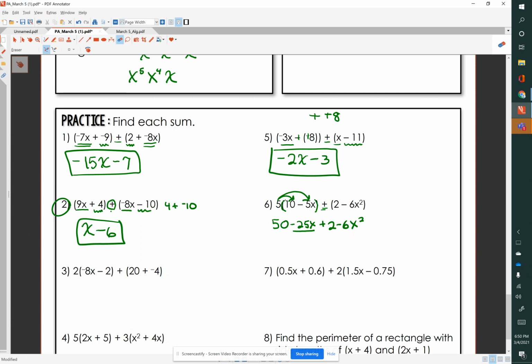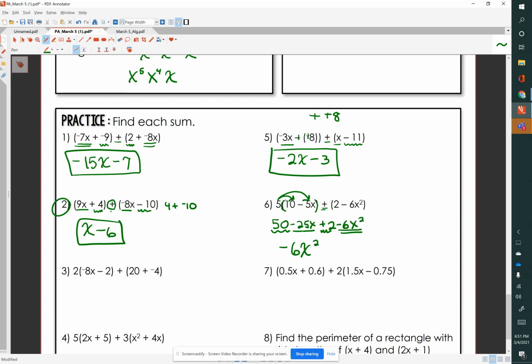So negative 25x appears to be the only x term we have. Well, what else do we have? We have 50 plus 2, so that's our 52. We can combine those. But look at this negative 6x squared. That's all by itself. So we're going to start by writing that because we write the highest exponent first.